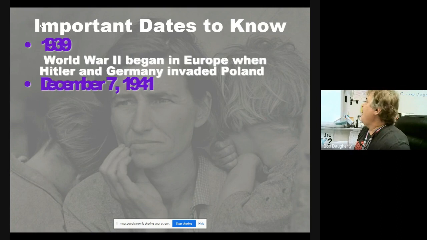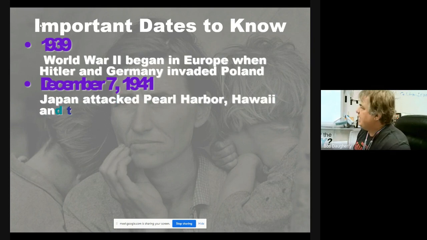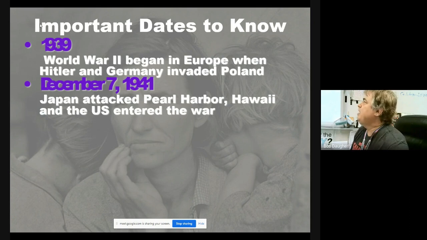December 7th, obviously a date all Americans need to know. That is, of course, the infamous date, literally the day in infamy, as President Roosevelt called it, when Japan attacked Pearl Harbor. That gets us into the war with the Japanese. And a day or two later, y'all, we declare war, but Germany also, because Germany, y'all, is in an alliance with the Japanese.